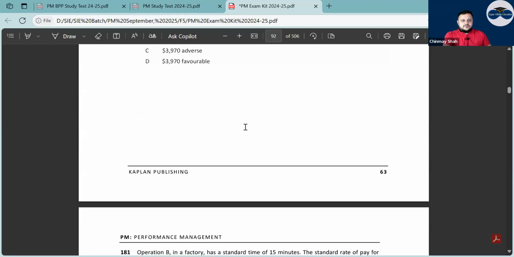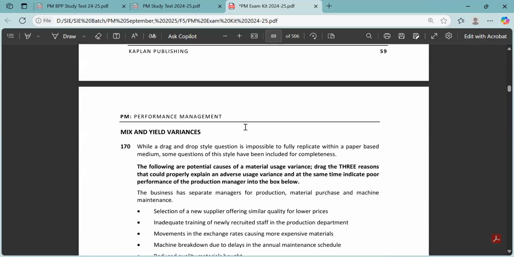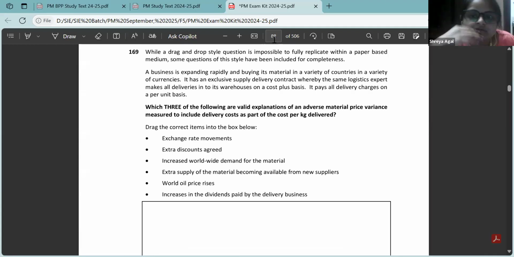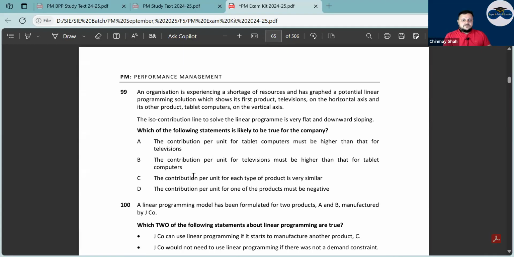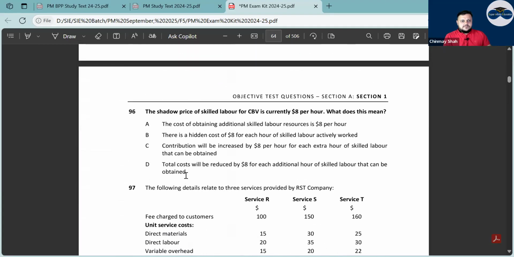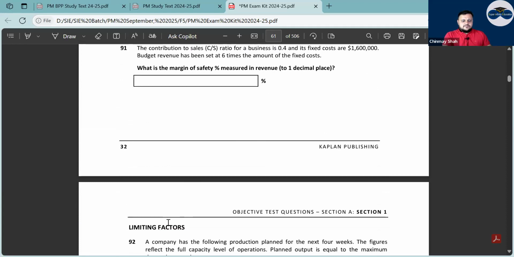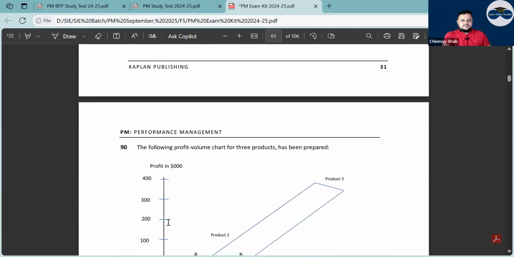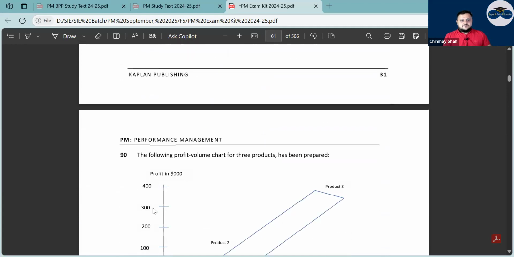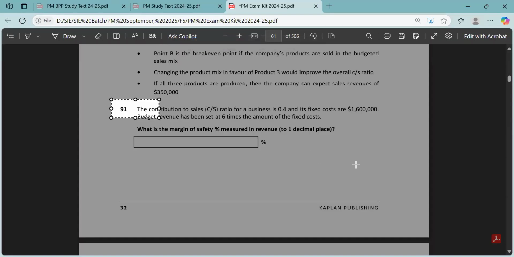Sir, page number 65 around. Limiting factor, yes. 91. Yes, 91. Can we do this?